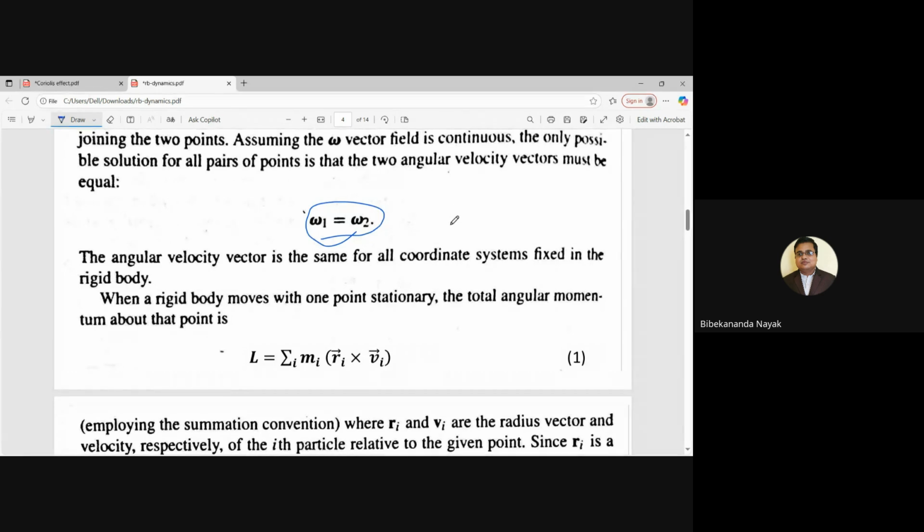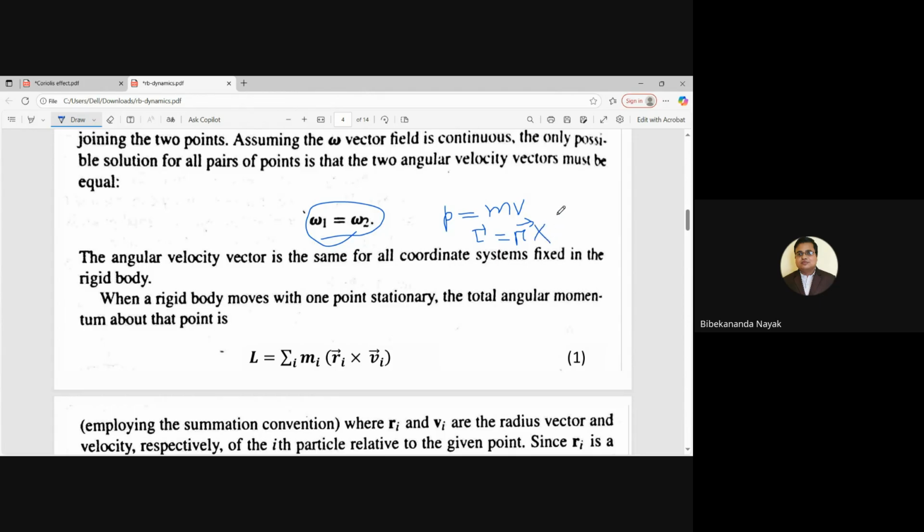Linear momentum is P equal to mv. And angular momentum L is equal to R cross P, so we can write R cross mv.